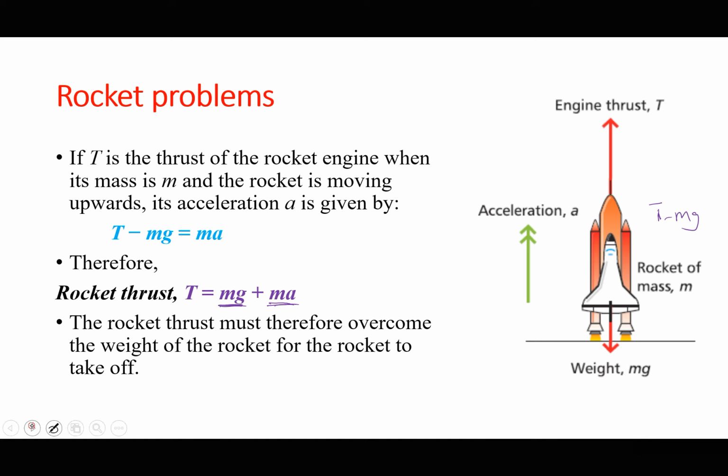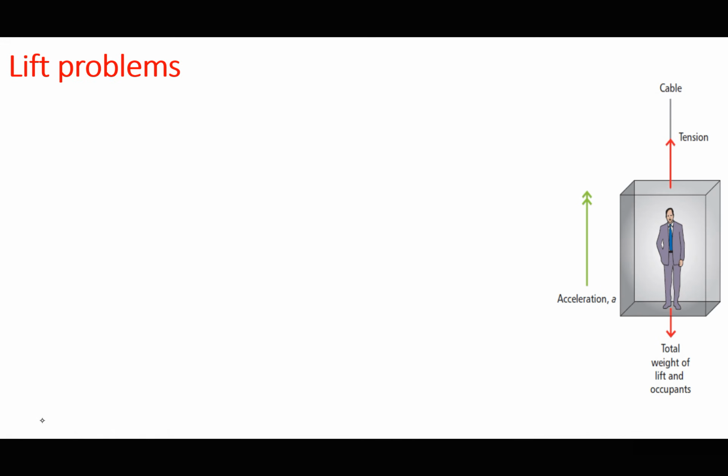Okay, let's also explore lift problems. You may find questions about being in a lift. If you are in a lift, of course, the lift is moved by cables, so we expect tension in the cable. And then we have the weight of the person and the weight of the lift itself, the total weight of the lift and occupants, which is downwards.